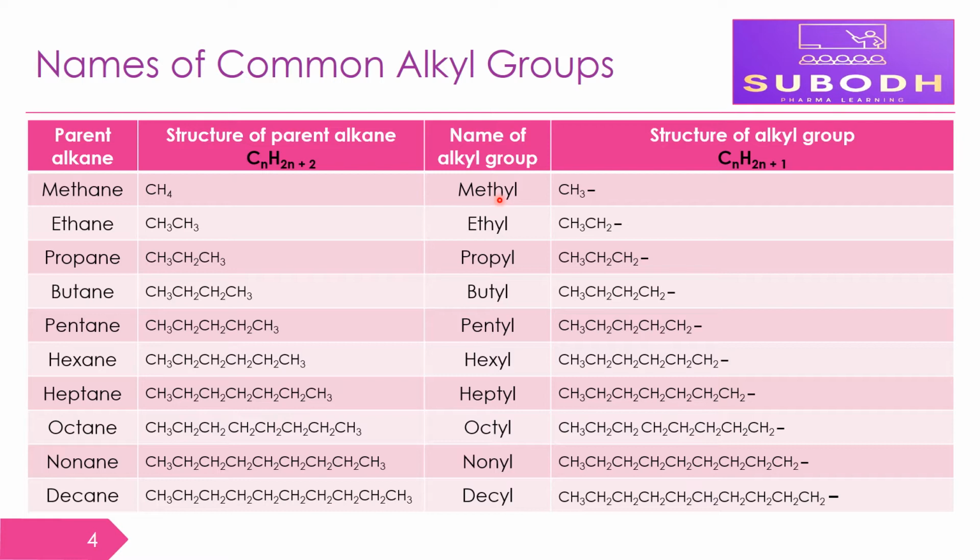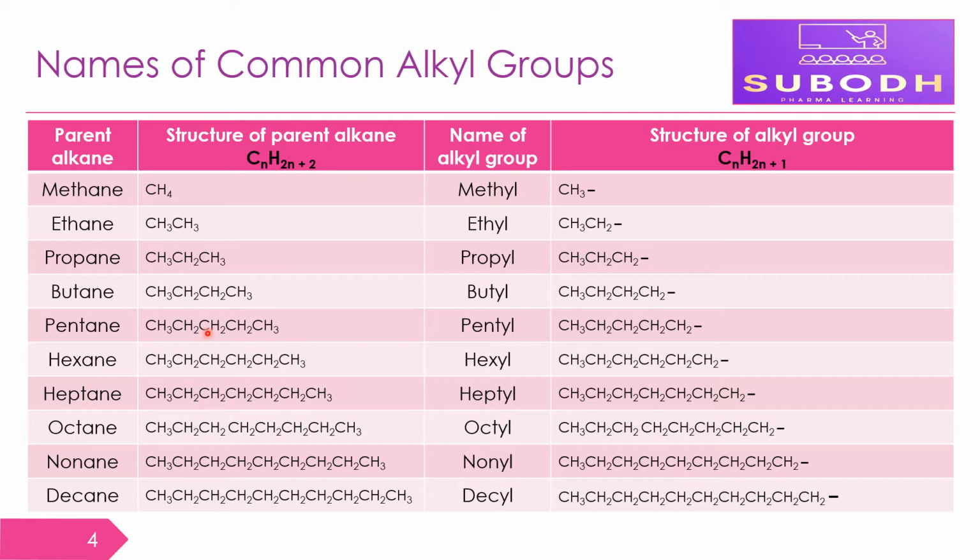As we learned earlier about the naming of alkyl groups, likewise from ethane, by removing one hydrogen remains CH3CH2 called as ethyl. From propane it forms propyl. From butane, butyl.